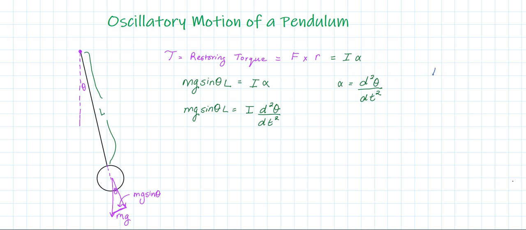Now the moment of inertia, or the rotational inertia of this situation, where the mass of the string is so light compared to the mass of the object, that we can really consider the mass of the object as the thing that's rotating about this axis of rotation. And so we're considering it to be a point mass.